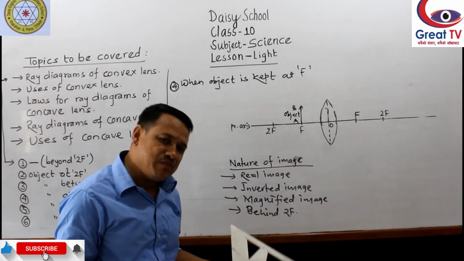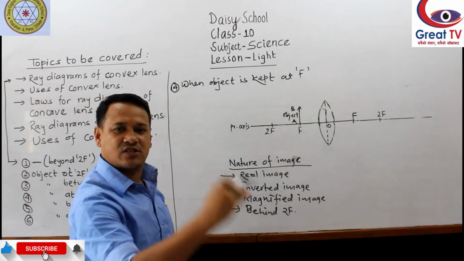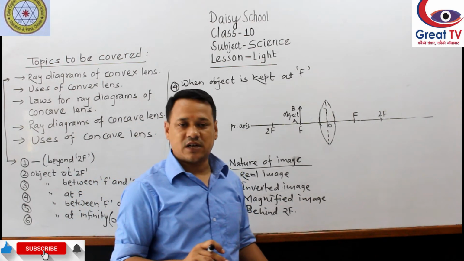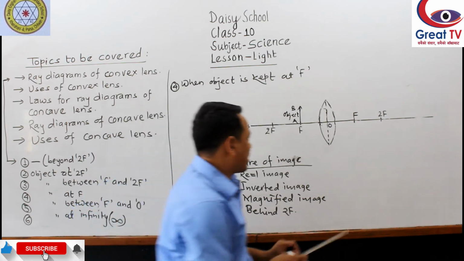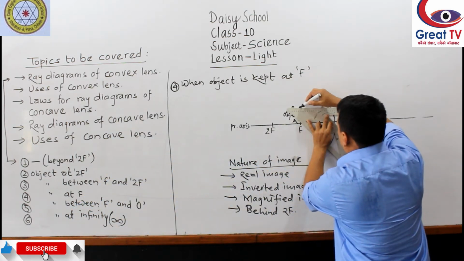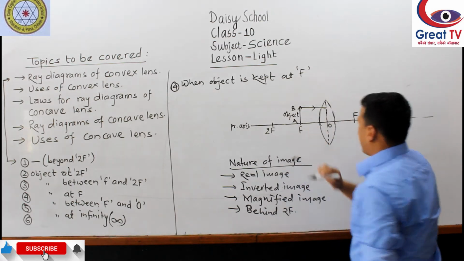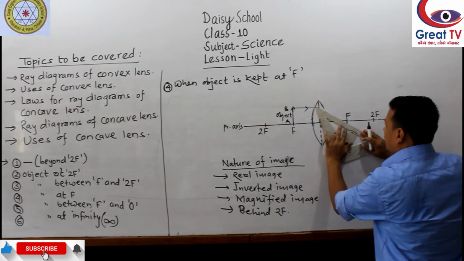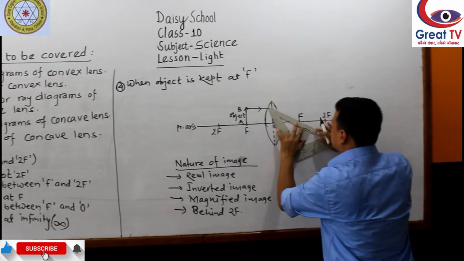And the rules are the same. Parallel light rays to the principal axis pass through the focus point. Light rays that pass through the optical center pass without bending. Same rules we are going to use. So first rule, parallel light rays to the principal axis pass through the focus point.